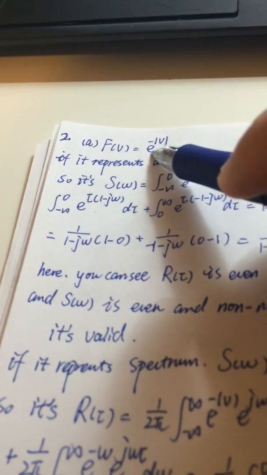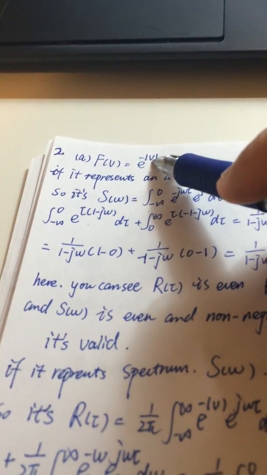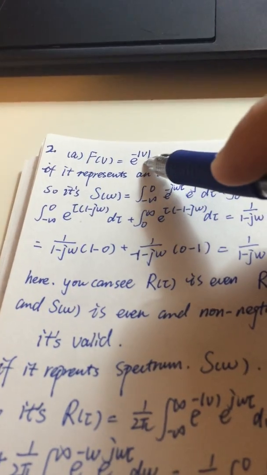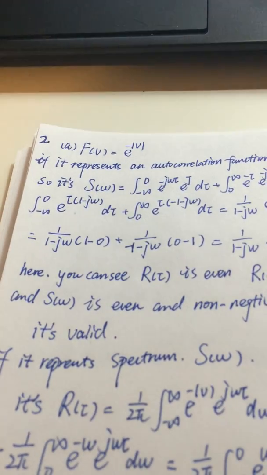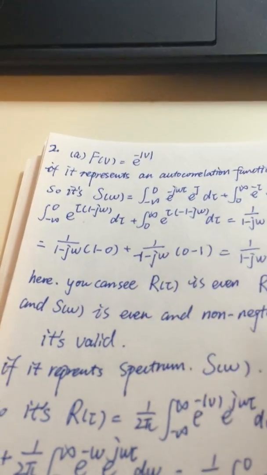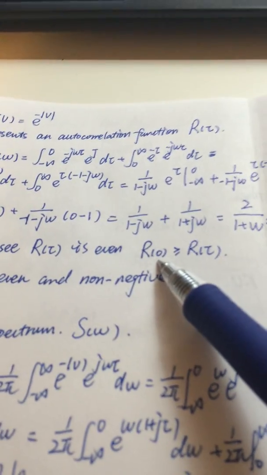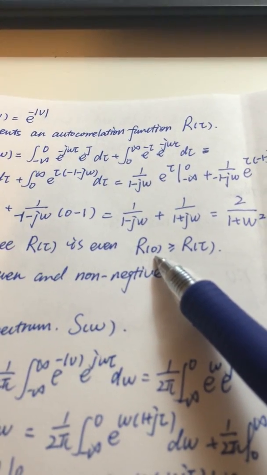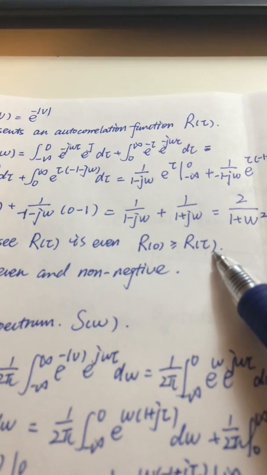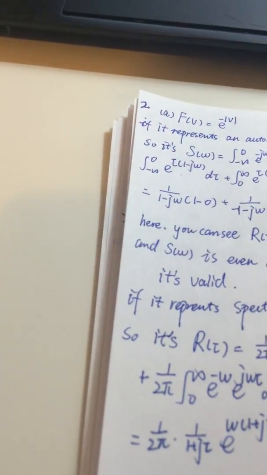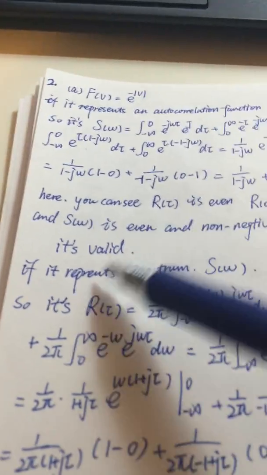You can see that as tau grows, the value is decreasing, right? So R(0), when tau equals 0, is larger than any other value. So we can see it is valid.